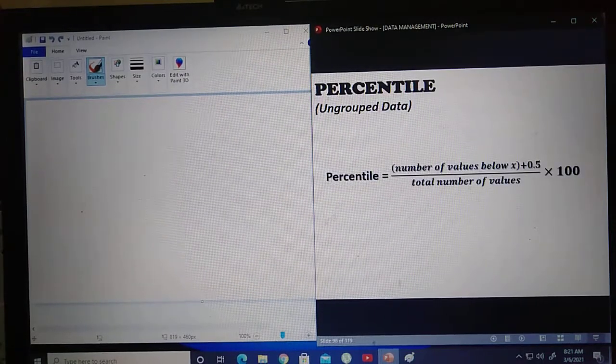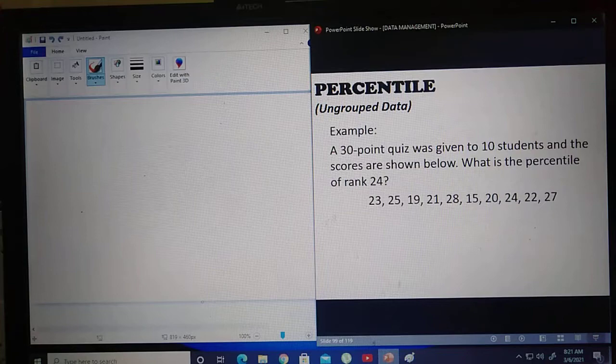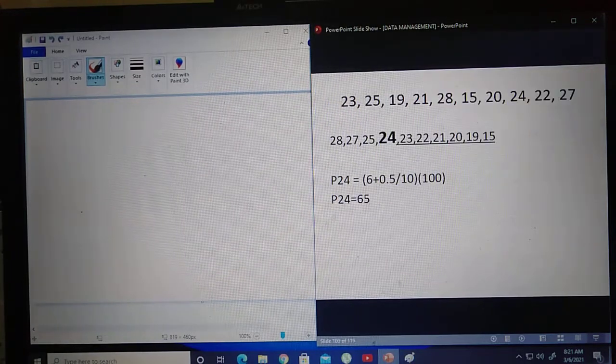We also have this one for percentile: the number of values below X plus 0.5, all over the total number of values, times 100, since percentile is what we are discussing. For example, a 30-point quiz was given to students, and the scores are shown below. What is the percentile rank of 24? So before that, let's arrange the data in ascending order.